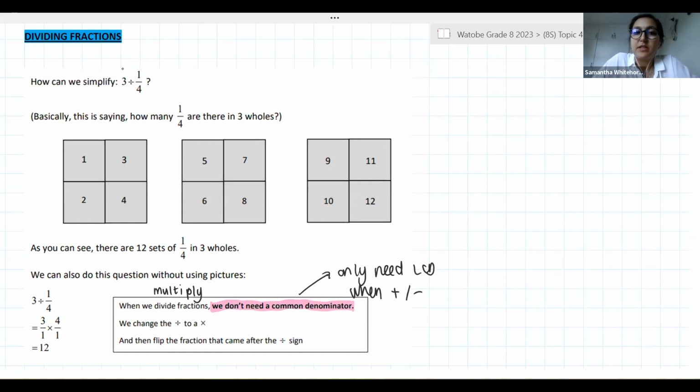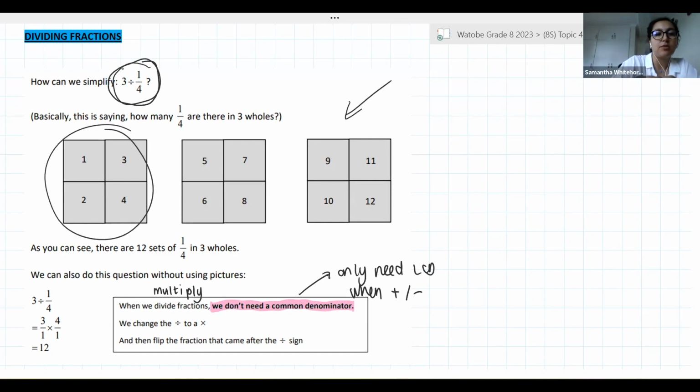So now we're going to chat about division and what does division mean? So division is asking us how many times can we fit a certain value into another. So if I've given you the expression 3 divided by a quarter, I'm essentially asking you, how many quarters do I need to make up 3 wholes? And we can see this in the picture here.